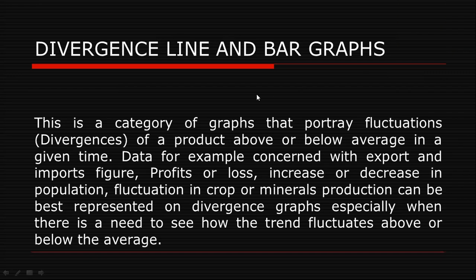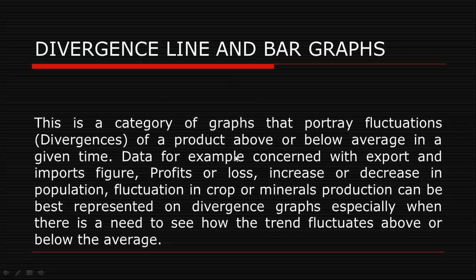So, what are divergent line graphs? First of all, I want to explain what these divergent line graphs or bar graphs are. The writings that I have here, some people may not easily understand them. I prefer explaining them for you to conceptualize, to try to have a picture of what exactly I mean.